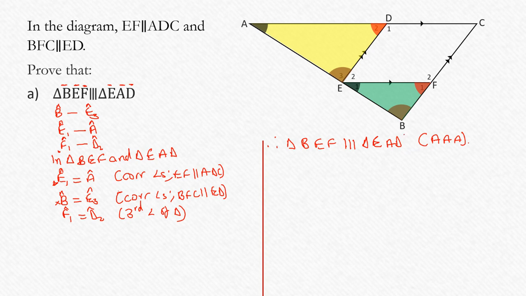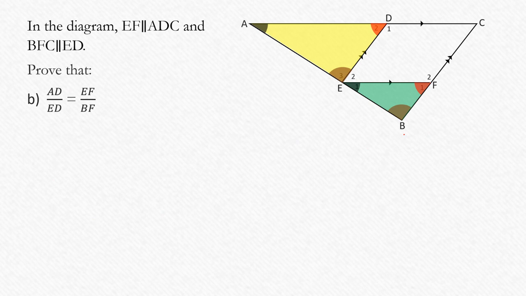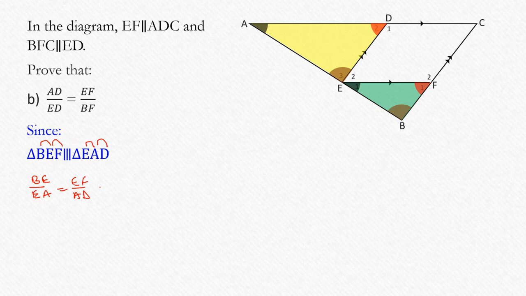Now let's go to the second part. Remember, we have managed to prove that triangle BEF is similar to triangle EAD. So from this statement, we can conclude and say BE over EA is equal to EF over AD is equal to BF over ED.